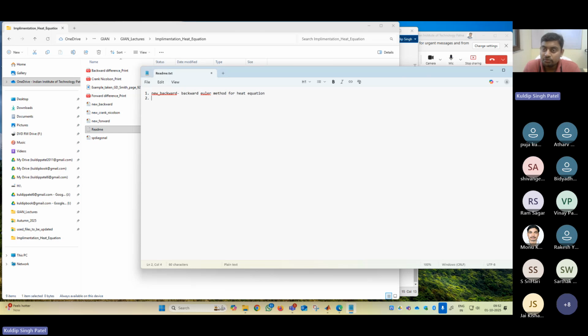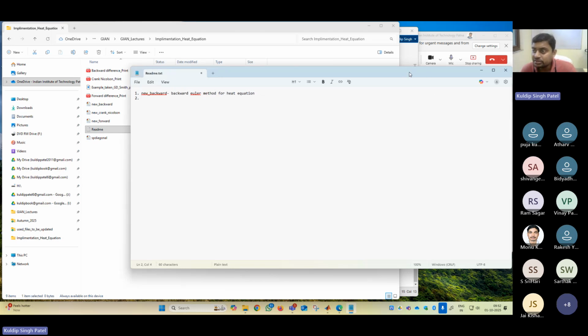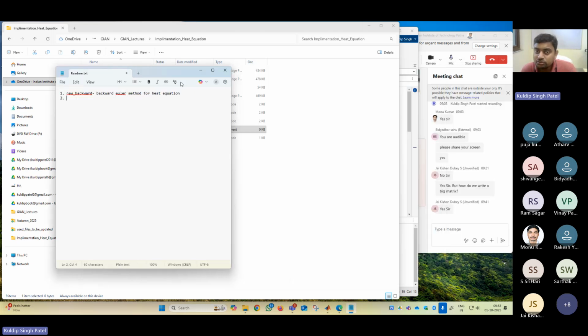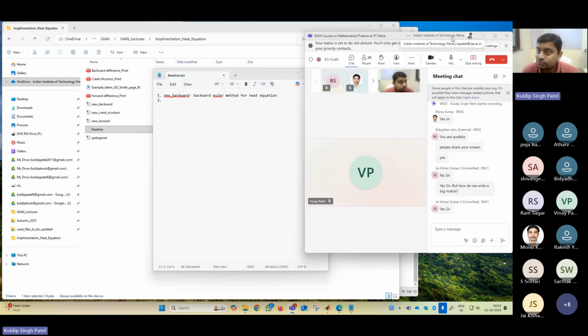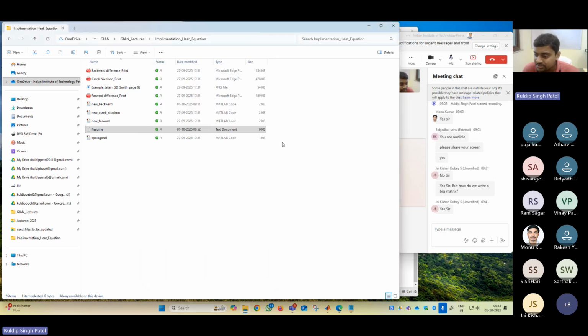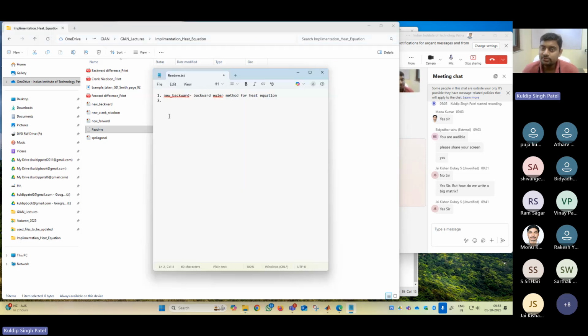Then the second, and so on. What is the benefit? You don't need to open all the codes. Otherwise, believe me, it will be huge chaos at the end, because nowadays we need to write one code each day, especially those doing an engineering degree or a PhD. So please do write this readme.